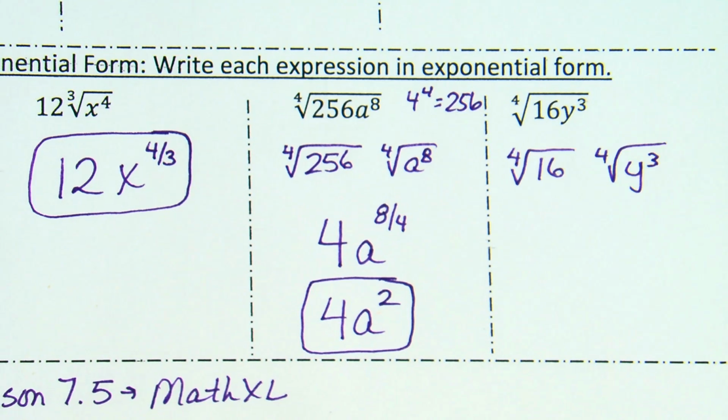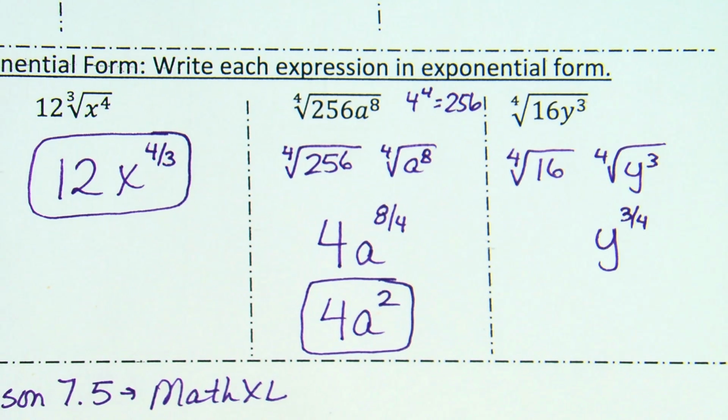Half, right? I like y to the 3/4. Oh yeah, I gotta deal with the 16. What is the 4th root of 16? 2. 2. So 2y to the 3/4. And that one doesn't reduce any further.